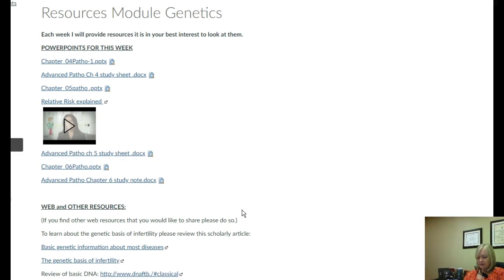Cri-du-chat, which is a 5p deletion: microcephaly, hypotonia, wide-spaced eyes, which is called hypertelorism, low-set ears. Low-set ears is really a problem with a lot of genetic disorders, and if you want to know if someone's ears are low-set, let me try to show with this camera here. When you take a line from the back of your eye, the helix of your ear should be above the back of your eye.